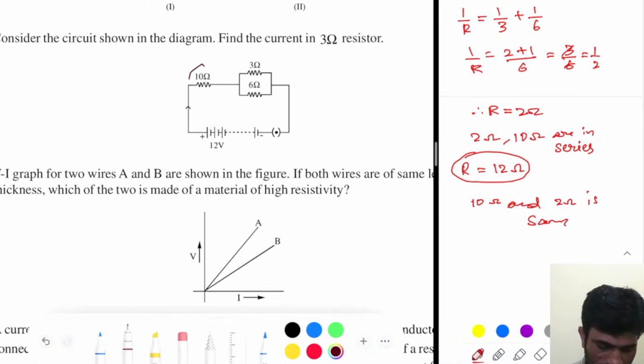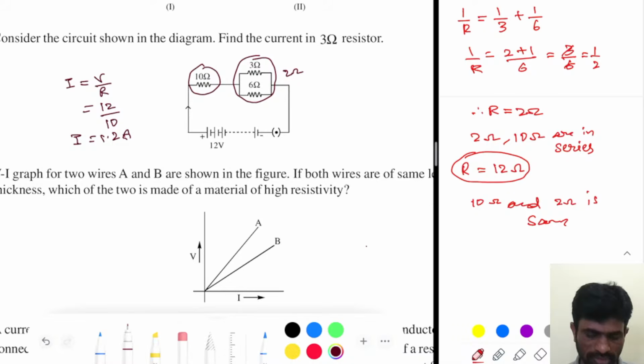This is 10 ohms, and together with the 2 ohms it is 12 ohms. How can we find the current through 10 ohms? Current is equal to V by R. V is 12. 12 by 10, which is 1.2 ampere. This is the current through 10 ohms.